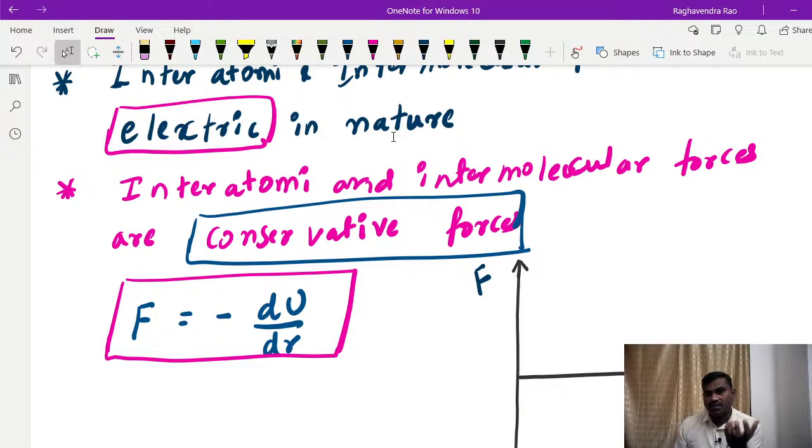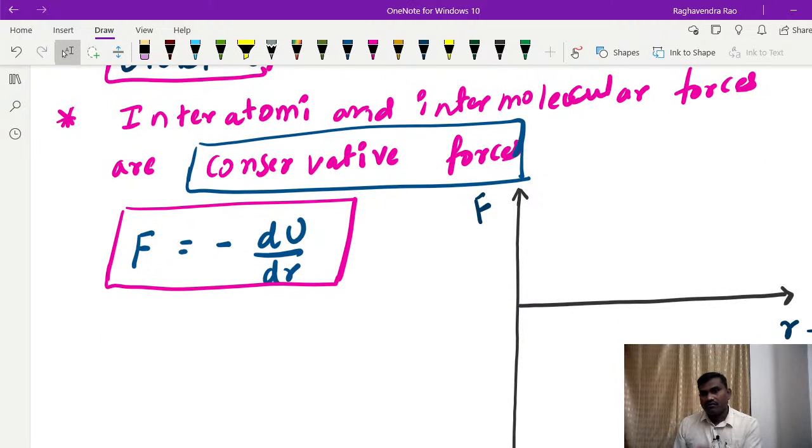So there is an attractive force acting between these two. Minimum attractive force will act at first. As the separation is decreasing, the attractive force will increase, and it becomes a maximum at a particular separation, and then the attractive force will decrease and become zero.